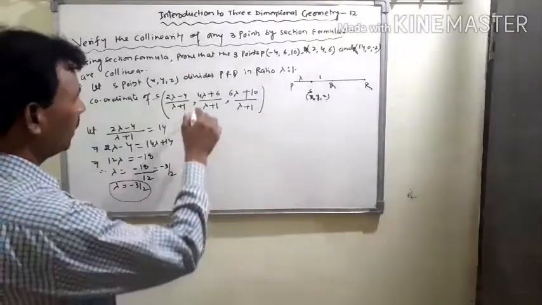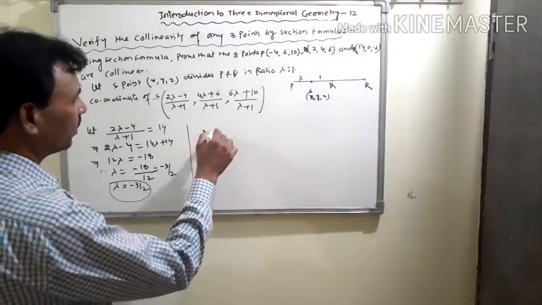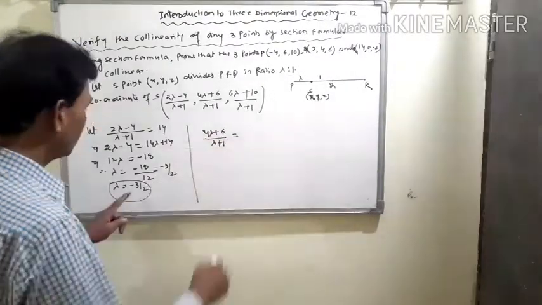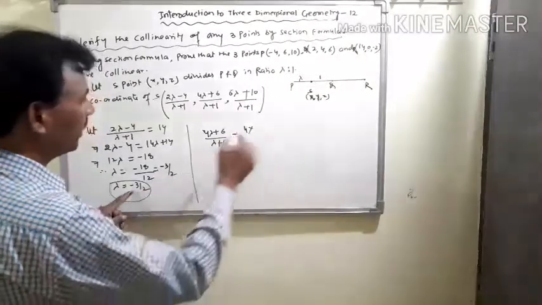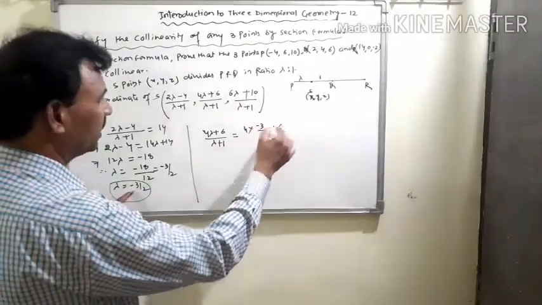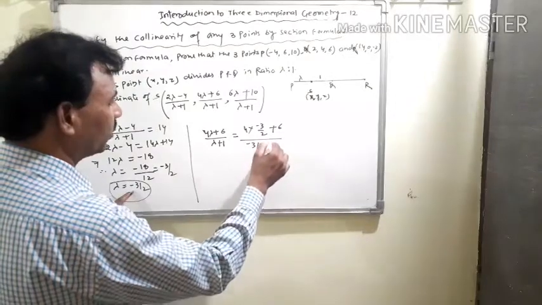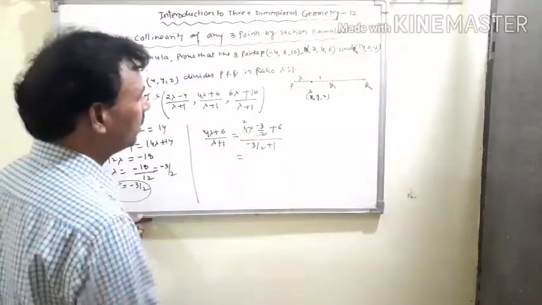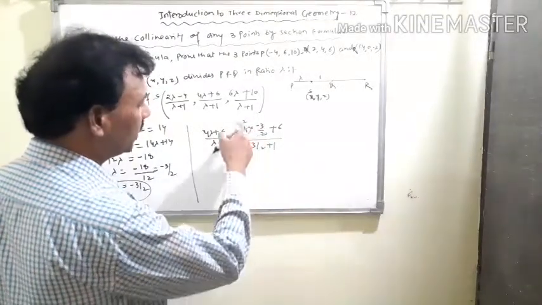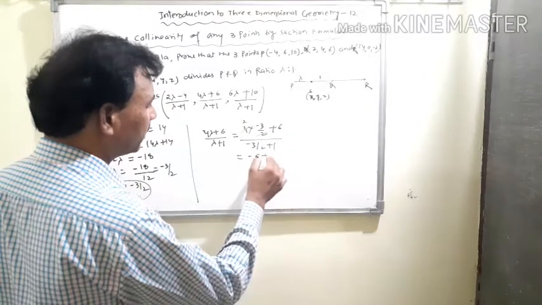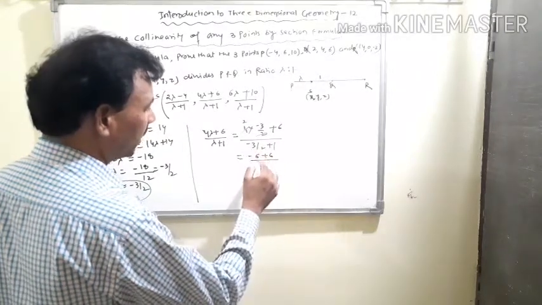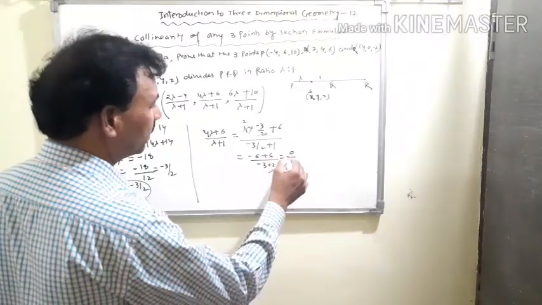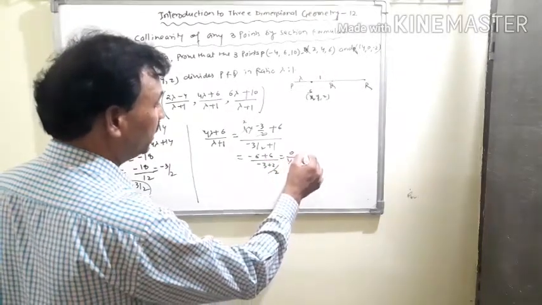Therefore, 4 lambda plus 6 upon lambda plus 1 equals 4 into minus 3 by 2 plus 6, whole upon minus 3 by 2 plus 1. This will be minus 6 plus 6 whole upon minus 3 plus 2 upon 2, which is 0 upon minus 1 by 2, which is 0.